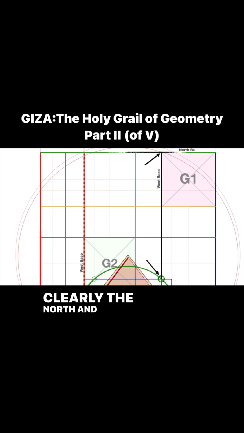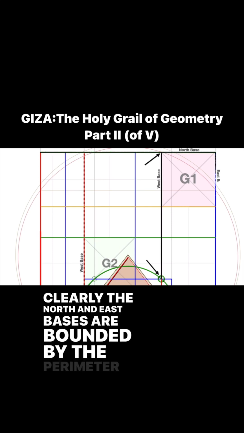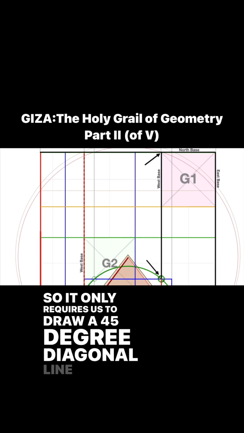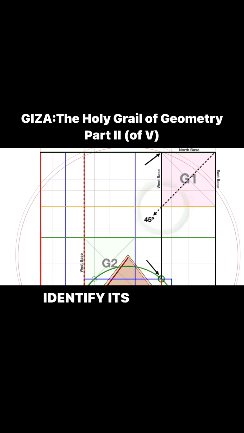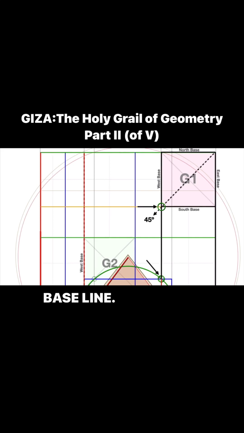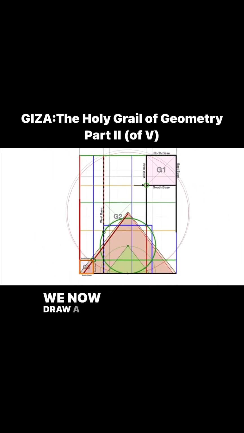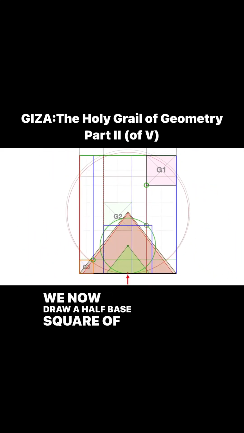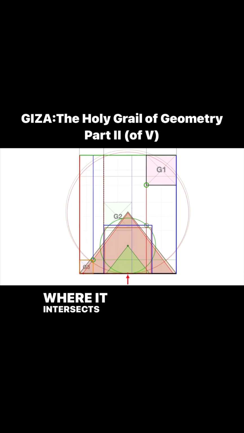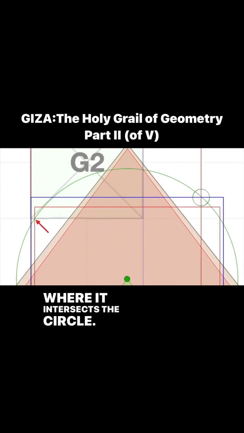Clearly, the north and east bases are bounded by the perimeter of the plateau, so it only requires us to draw a 45-degree diagonal line to identify its corner and complete Khufu G1 with its south base line. We now draw a half-base square of Khafre cross-section view and note where it intersects the double Menkaure circle.